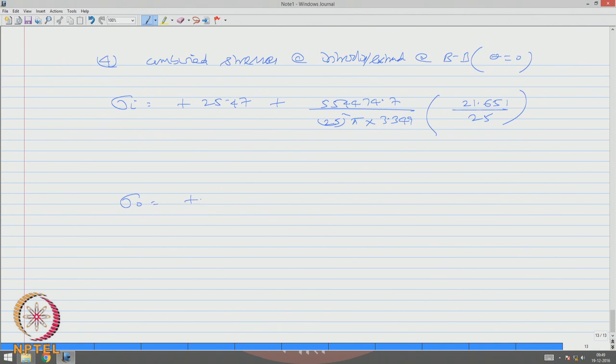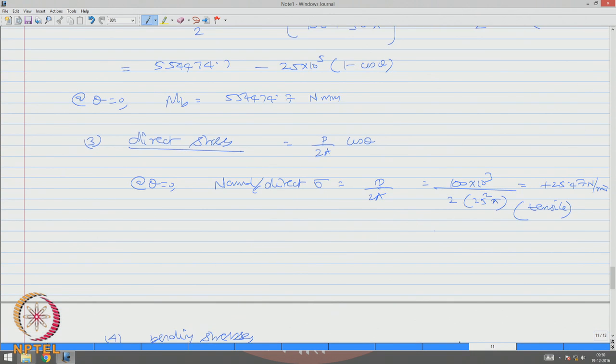Similarly, outer will be plus 25.47 minus 5544074.7 divided by 25 square pi into 3.349 multiplied by 28.349 by 75.